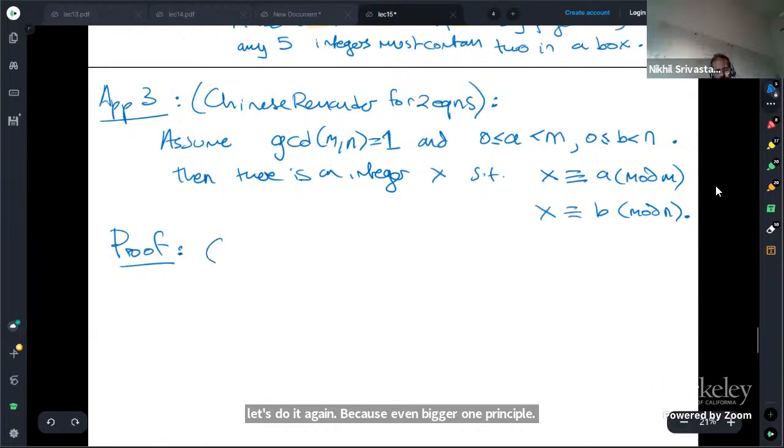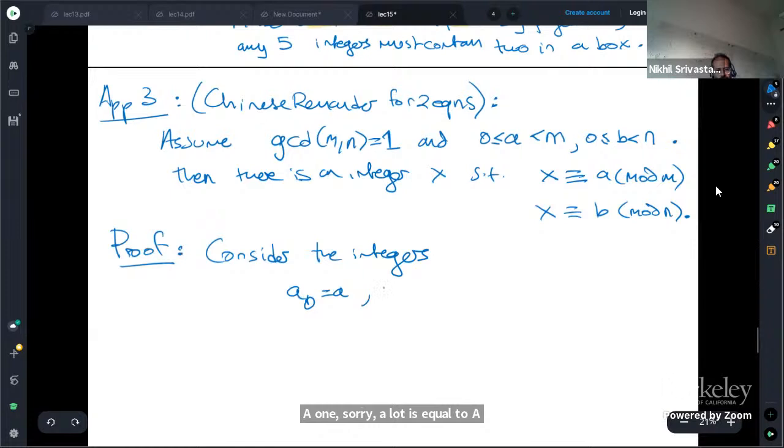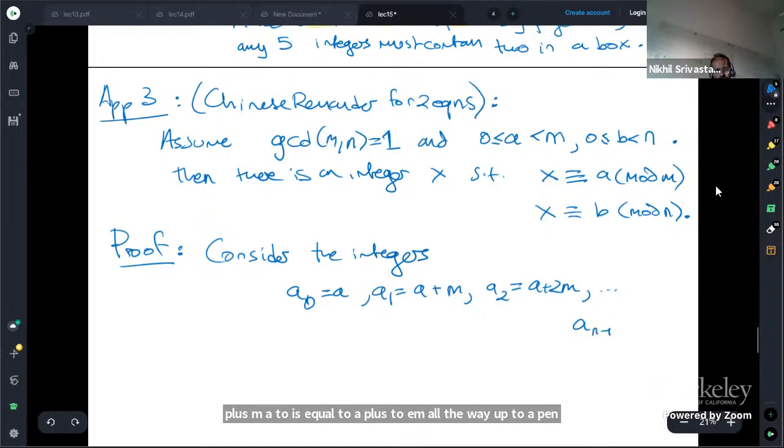So here's the proof. Consider the integers a0 equal to a, a1 equal to a plus m, a2 equal to a plus 2m, all the way up to a sub n minus 1 equal to a plus n minus 1 times m.